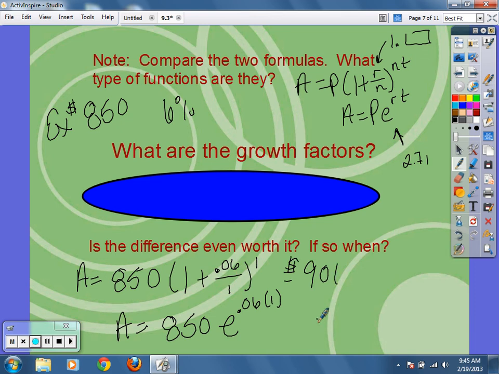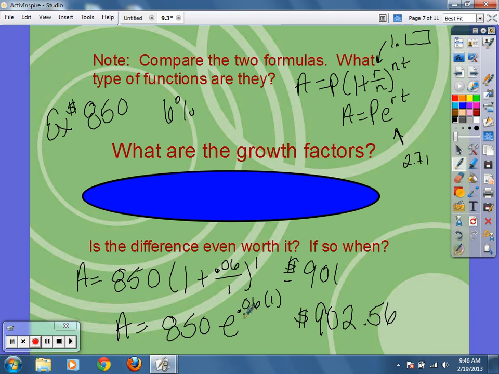And if I take 850 times e to the 0.06, I'm going to get $902 and 56 cents. Alright, so in 1 year's time, the difference is $1.56. Okay, is that going to make or break a bank? No, it's not.